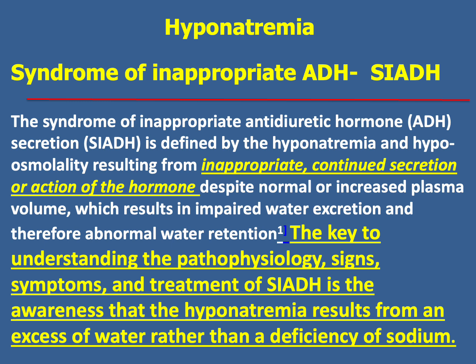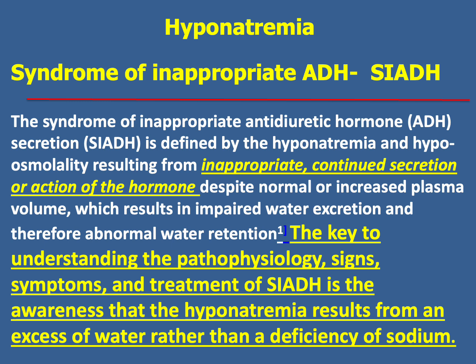The syndrome of inappropriate antidiuretic hormone secretion, or SIADH, is defined by hyponatremia and hypoosmolarity resulting from inappropriate continued secretion of the hormone despite normal or increased plasma volume, which results in impaired water excretion and therefore abnormal water retention.